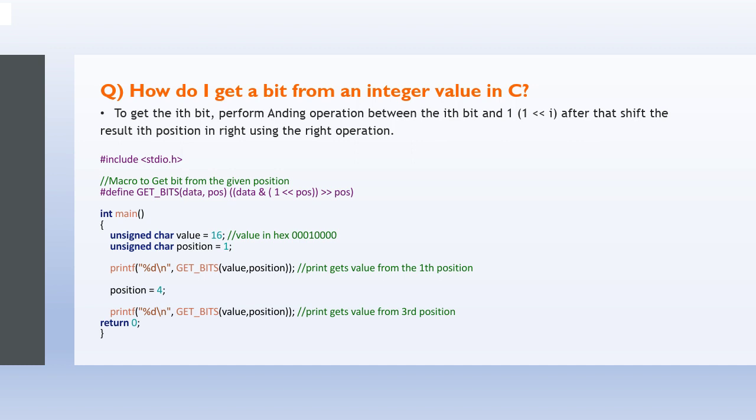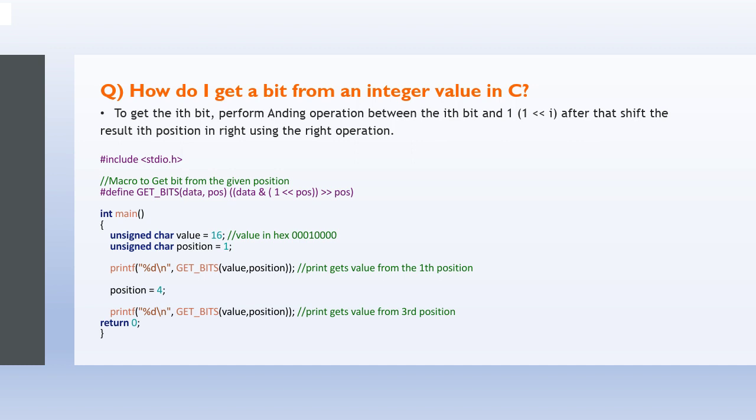So how to call that is simply GET_BIT(value, position) and directly print it. If you have a value, the value and position will be passed through that macro, and then we can get the bit. For example, if position is equal to 4, you can get that bit.